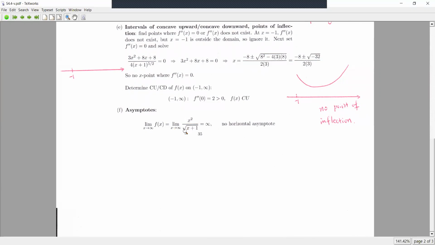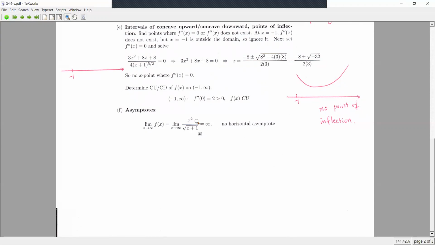About this limit, actually, you can get the limit by inspection. The numerator, the degree is 2, x to 2. Denominator, the degree is 1/2. So when x approaches infinity, the numerator approaches infinity much faster than the denominator.